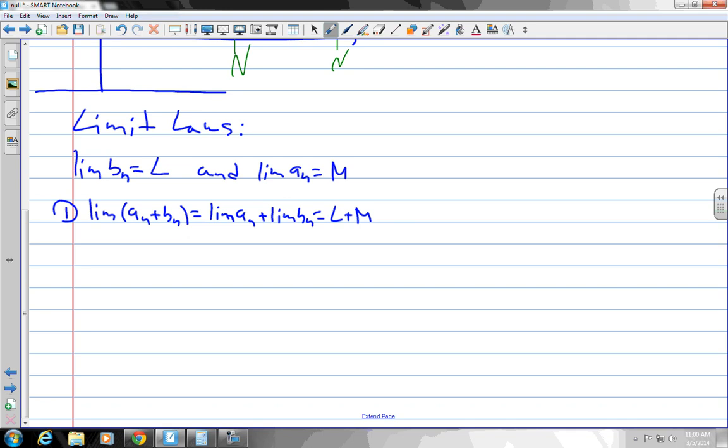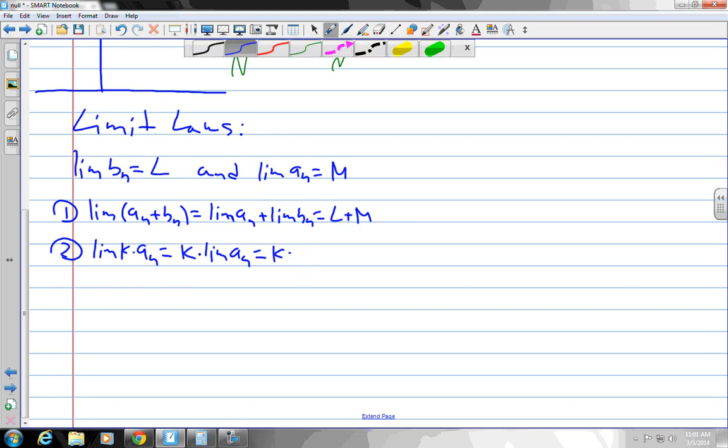For the constant multiple, the limit of k times An is k times the limit of An, so that's k times M in this case. And so forth.